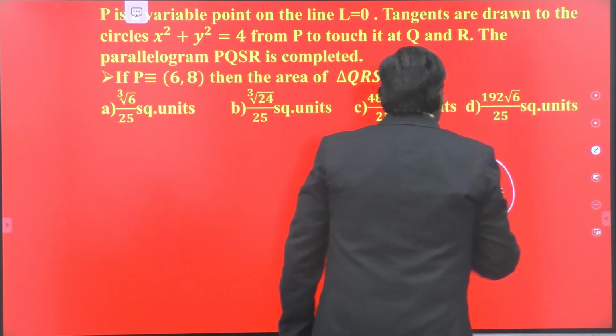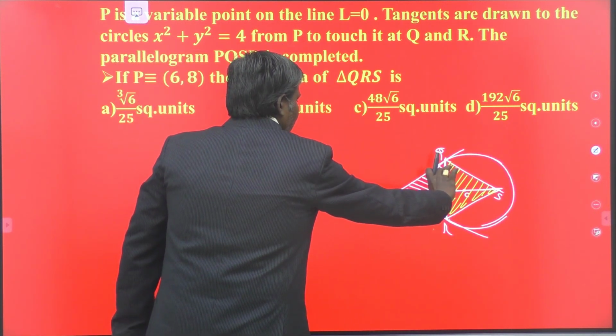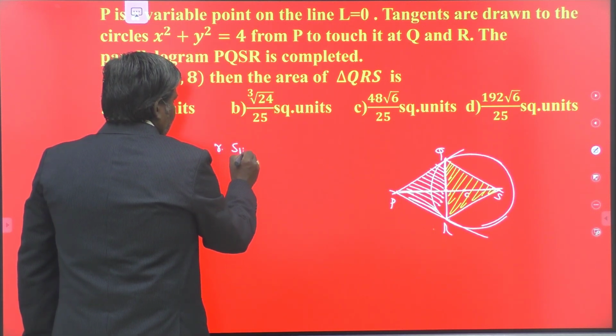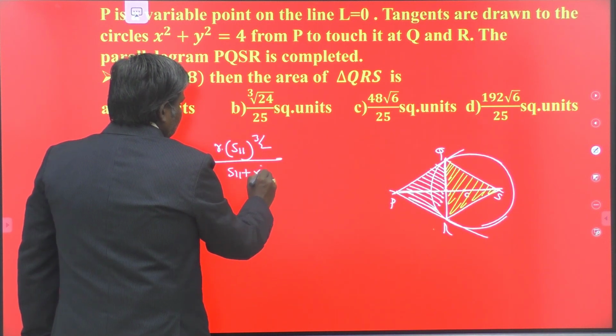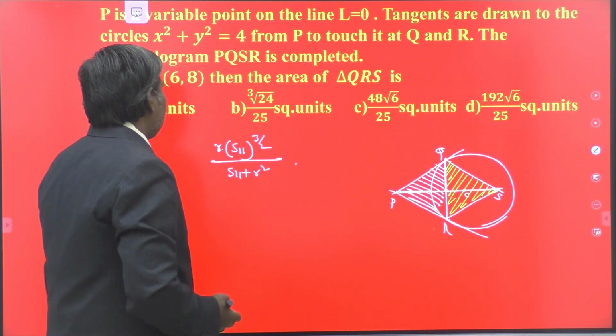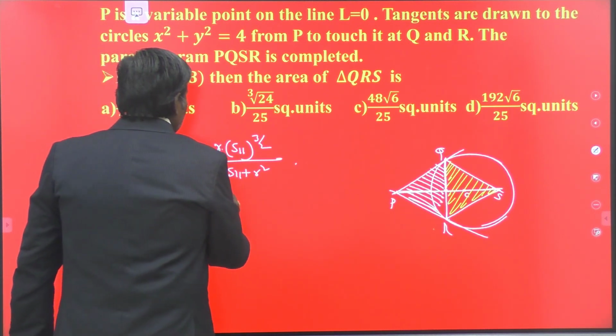We can write the area of the triangle with the help of the two tangents and the corresponding chord of contact: R into S11 whole power 3/2 by S11 plus R square. What is the radius of the circle? 2.